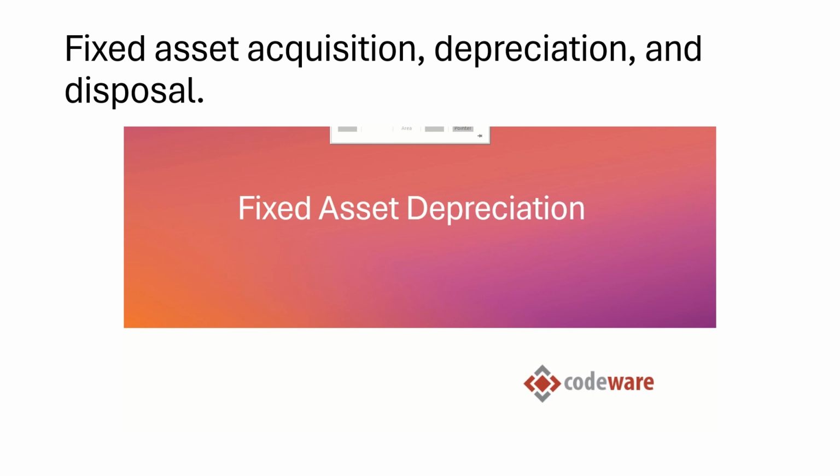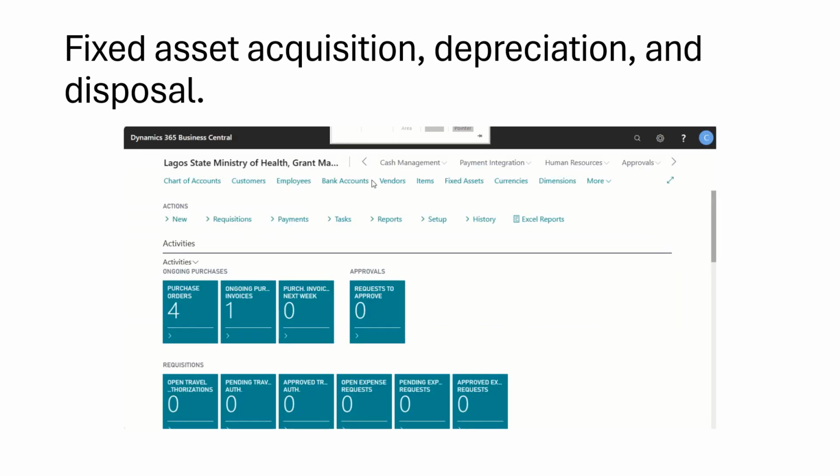Now let's move on to fixed asset depreciation in Dynamics Business Central. For us to calculate depreciation, there are two methods: either we make use of the fixed asset GL journal or we make use of the calculate depreciation batch job.